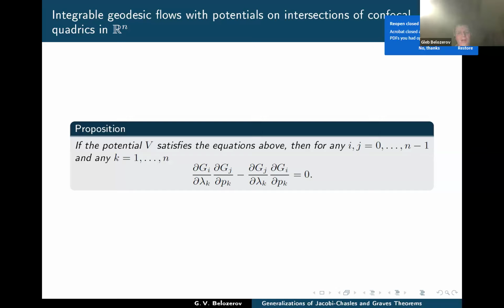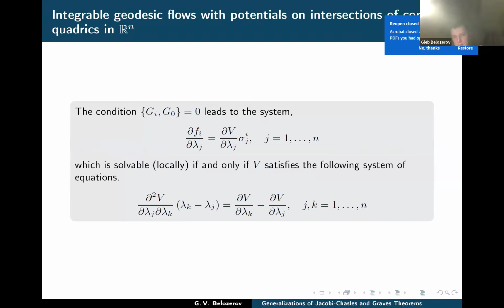So if we consider the geodesic flow with potential V that satisfies this system of differential equations, this mechanical system will be integrable on any intersection of several confocal quadrics, on any intersection.